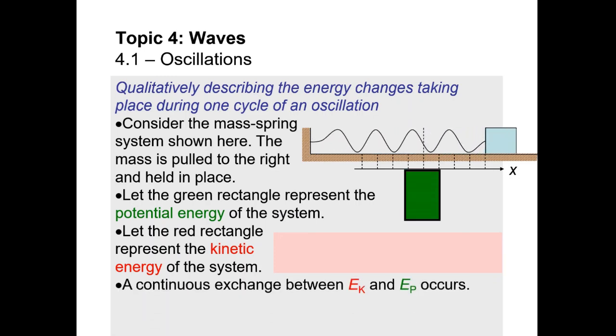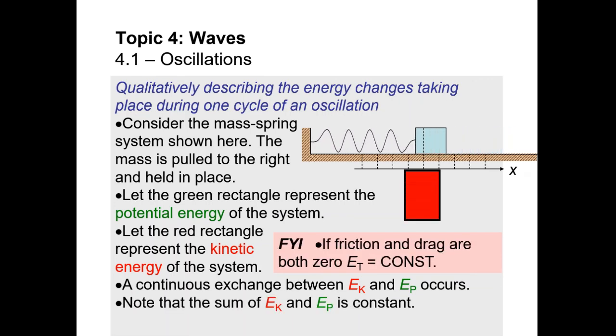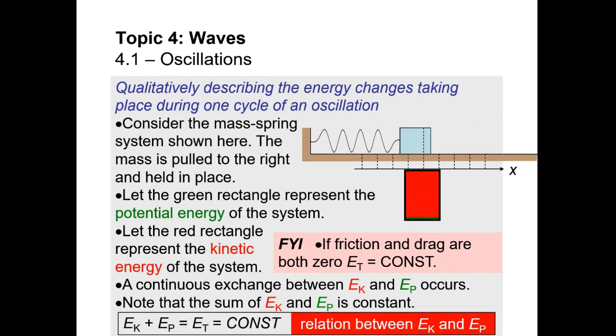A continuous exchange between kinetic and elastic potential energy occurs. At the extreme points, we have maximum elastic potential energy. At the mean position or equilibrium position, we have maximum kinetic energy. If friction and drag are zero, then total energy is constant. Ek plus Ep equals total energy, which is constant.